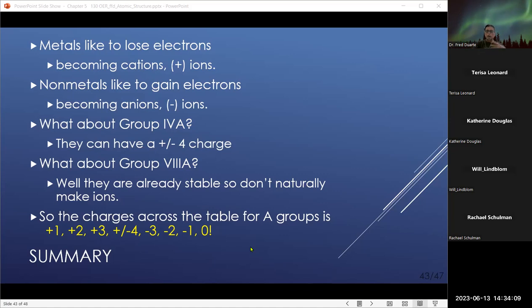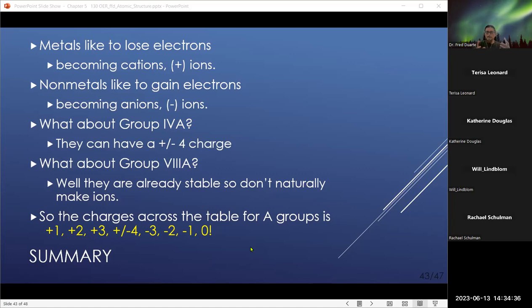Notice we started with elements that are neutral. We talked about the electrons and where they're at, and then the valence shell. The ultimate goal is to get to that magical 8, and to do that I'm either going to lose electrons or gain electrons to make these ions.